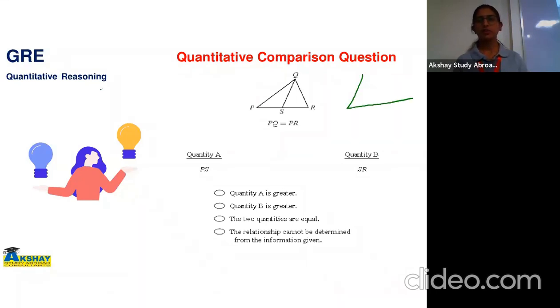Second, if I want to draw it like this, here is my point S, vertex Q, and vertices P and R. It is also possible, right? I'm maintaining the same thing, PQ is equal to PR. So by looking at this second figure, can I say SR is less than PS?